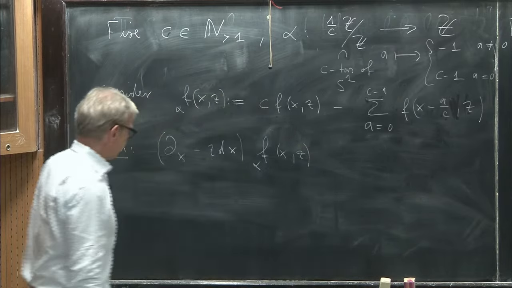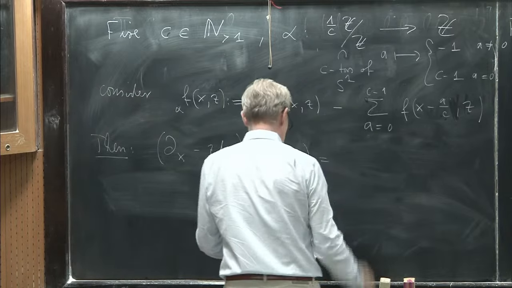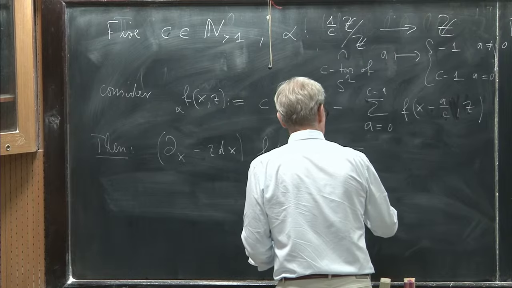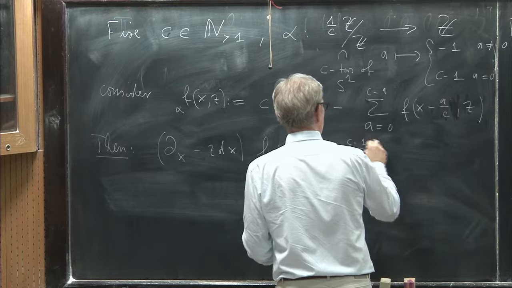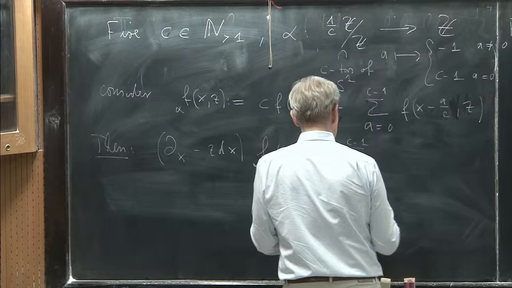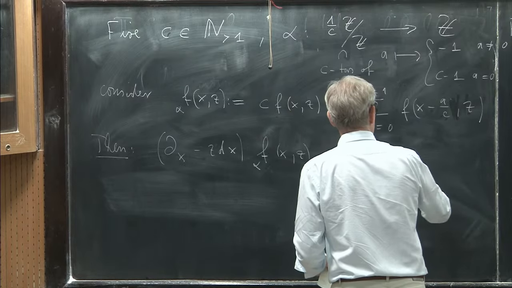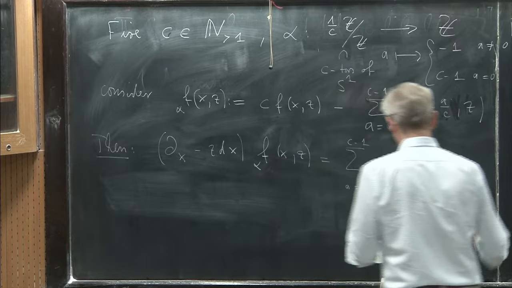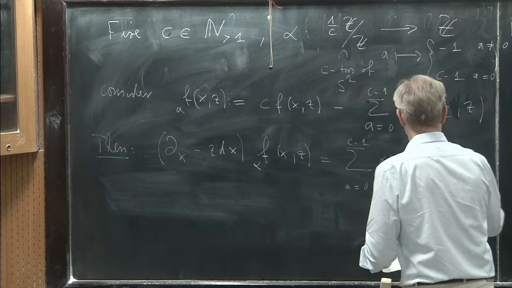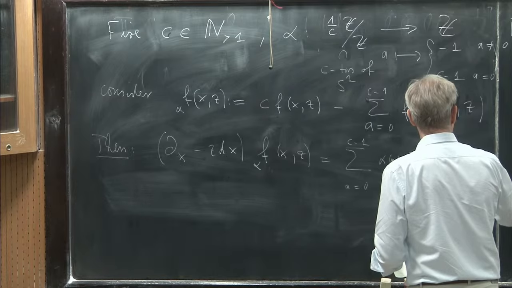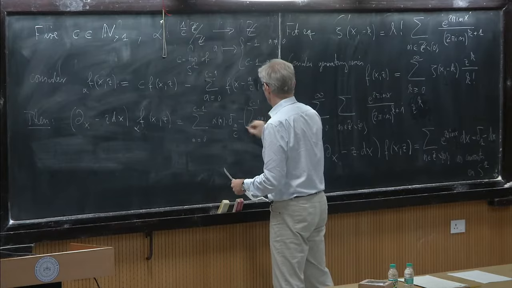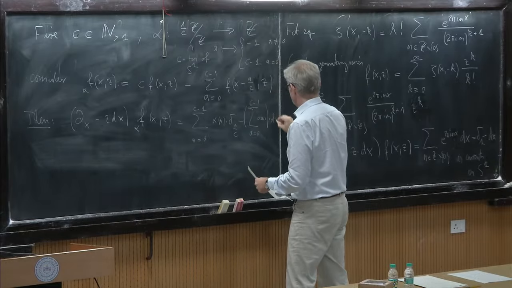You take the sum over a equals 0 to c minus 1 of alpha of a times delta of a over c, minus the sum of alpha of a, a equals 0 to c minus 1, times dx.